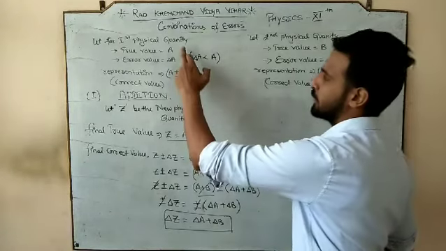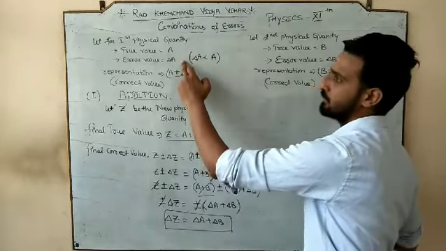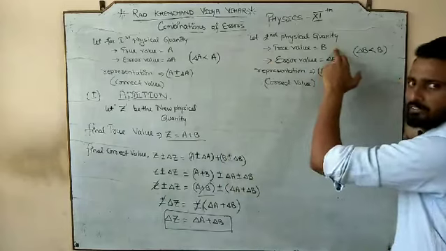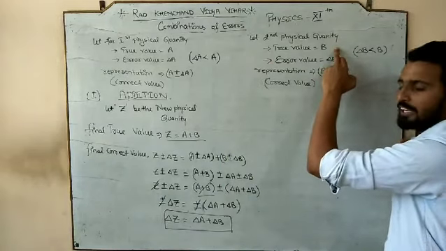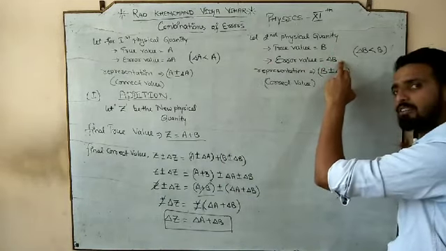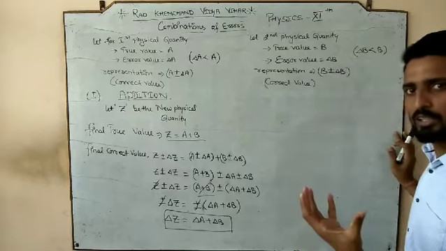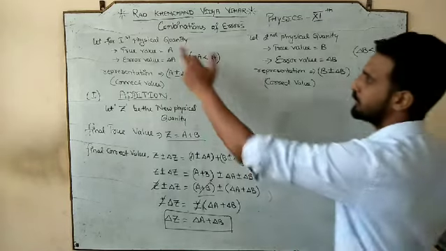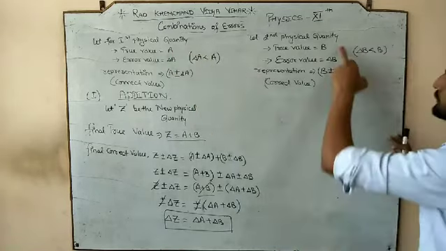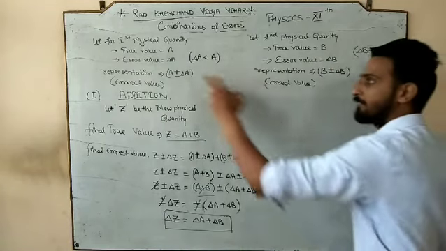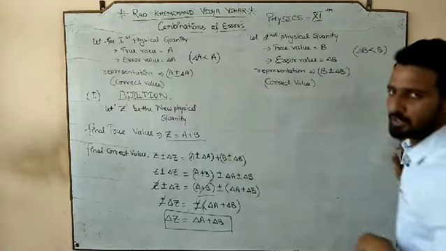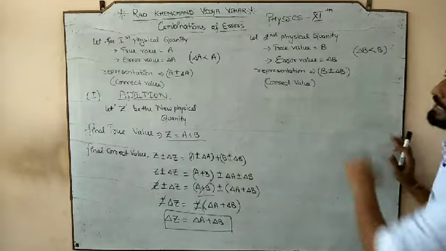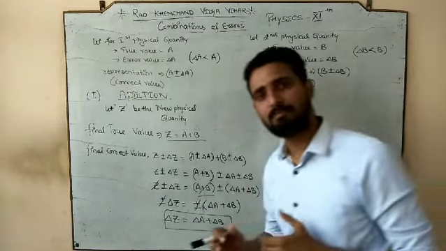Means if I have the true value of the first and the error of the first, the true value of the second and the error of the second, how can I add both quantities? The final true value is equal to the true value of the first plus the true value of the second, and the final error is equal to the error of the first plus the error of the second.